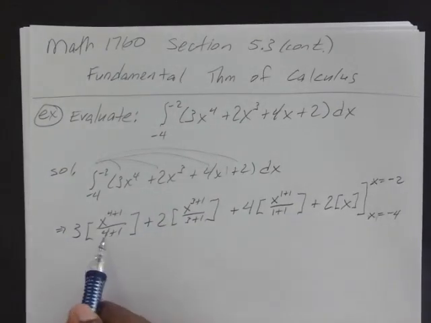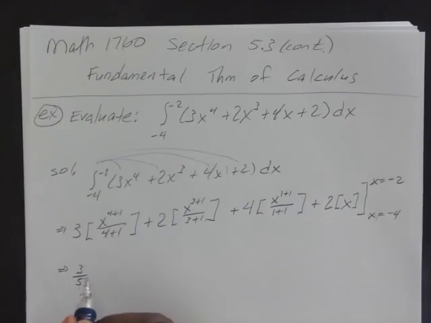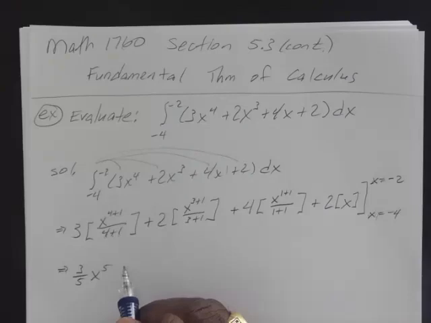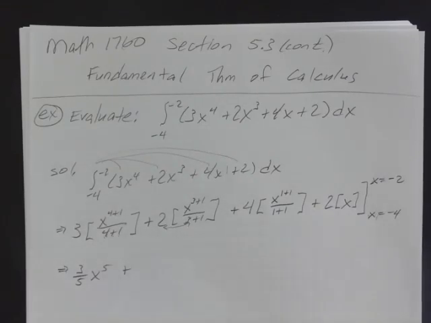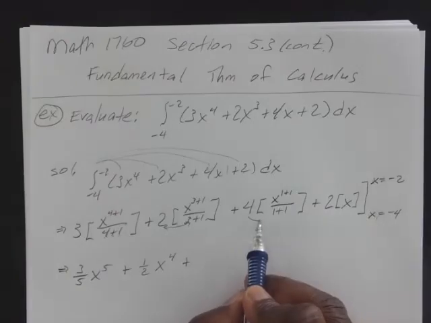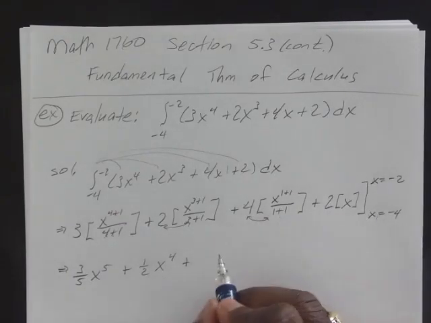Okay. So the denominator 4 plus 1 will give us 3/5 times x to the fifth power plus, we get 2 divided by 4, which is just 1/2 times x to the fourth power plus, if we go ahead and combine these two, we'll get 4 divided by 2, which is 2.